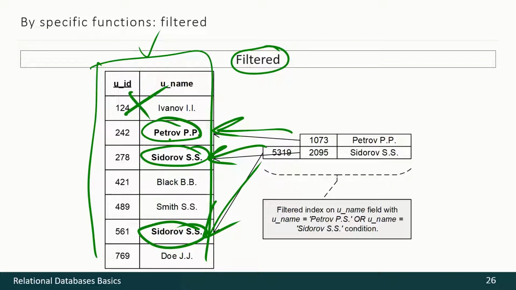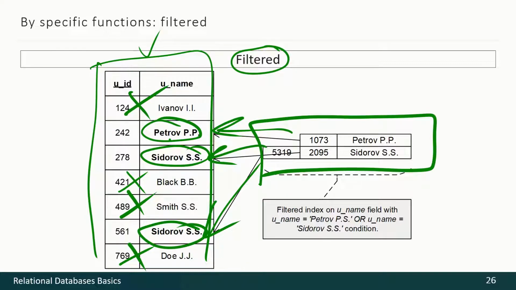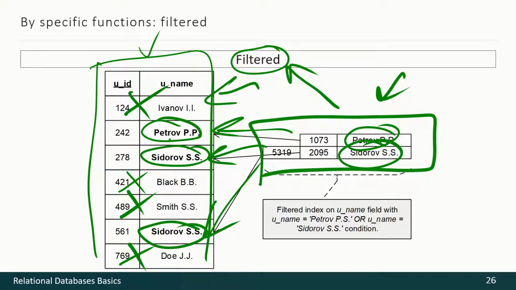But we do not want to know anything about a lot of people, millions or even billions and so on. So we may create such a small filtered index. It's really small, it fits into the RAM perfectly, it's easy to update, it's easy to create, but it will help us find only this person and no other person from this table.